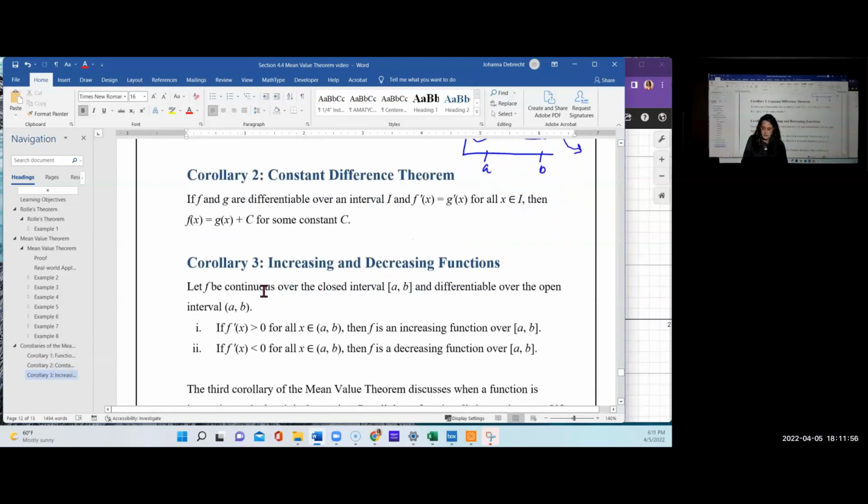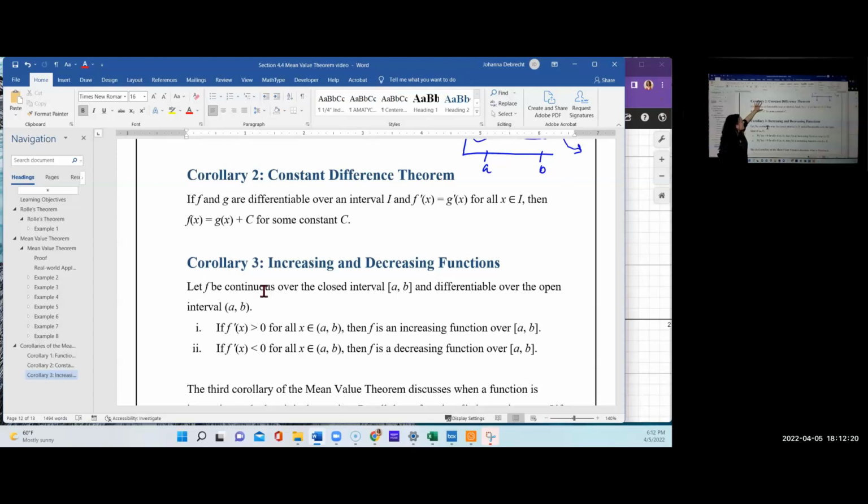What about corollary 2? Corollary 2 becomes very important when we talk about the fundamental theorem of calculus. What it basically says is if I have a function f and it's continuous over a closed interval and differentiable over the open, and if the derivative is greater than, oops, I'm looking at the wrong one. And no wonder I was like, that's not the one I need for the fundamental theorem of calculus.